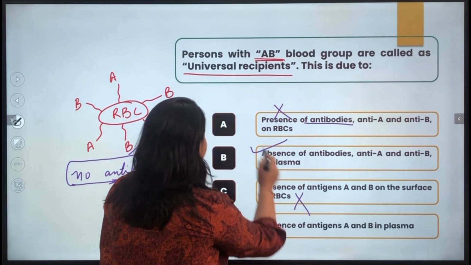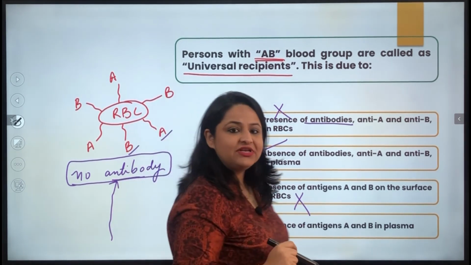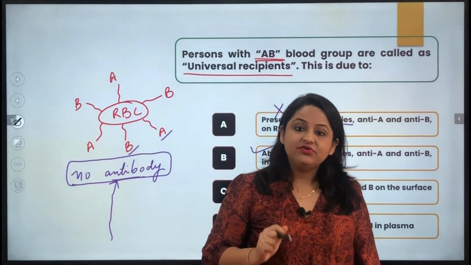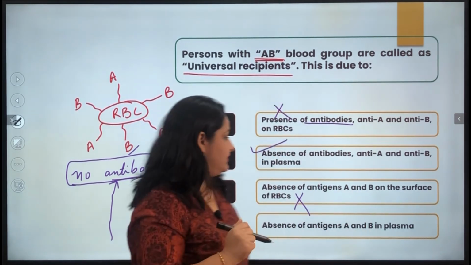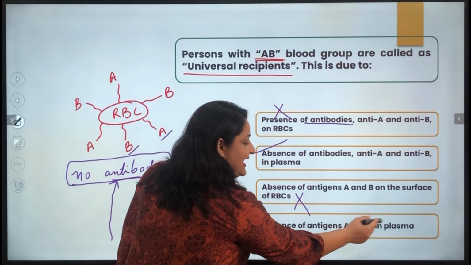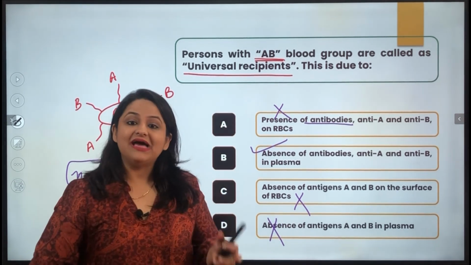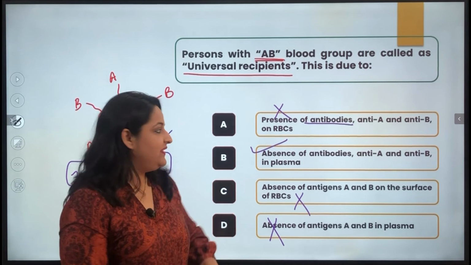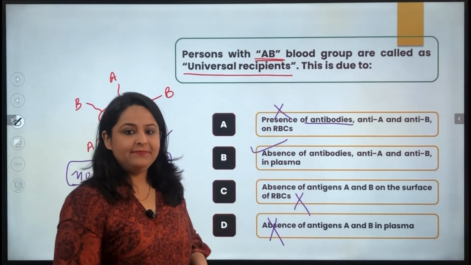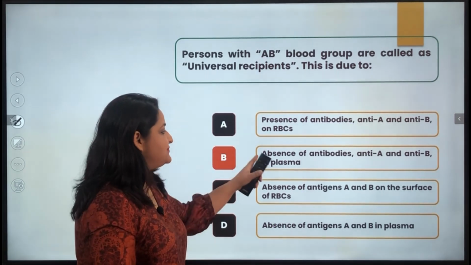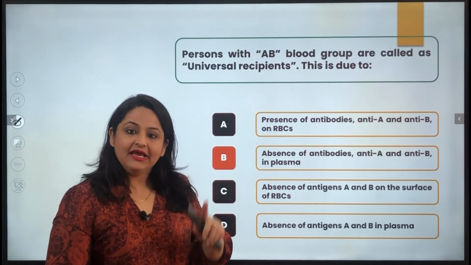This is wrong because we've just seen that the A antigen as well as the B antigen are very well present on the RBCs. Then absence of antigens A and B in the plasma. The plasma does not have antigens, plasma has antibodies. So the answer to this question will be B, that is, the absence of antibodies anti-A and anti-B in the plasma.